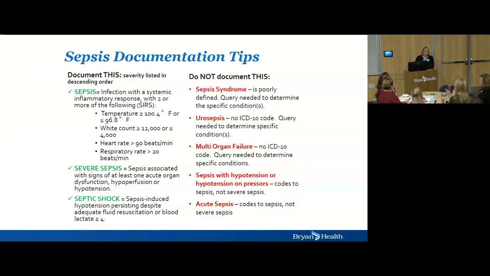For sepsis, it is 2 or more SIRS that is associated with an infection, and that could be bacterial, viral, fungus. And then severe sepsis is sepsis with an associated organ dysfunction. And then septic shock is sepsis associated with hypotension that persists despite IV fluids, or a blood lactate greater than 4.